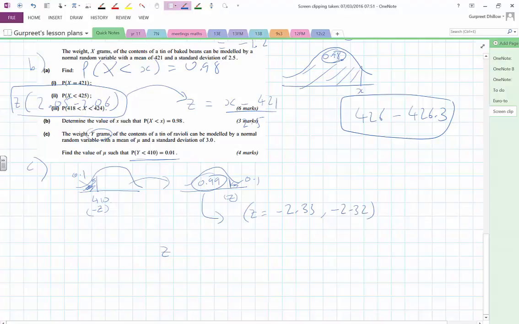Take that z value, make it equal to x, which is 410, minus the mean over the standard deviation, and rearrange for the mean. And you should get an answer of exactly 417 if you do that. So hopefully you understand. You can go through these accurately with the correct calculations, but I'm just quickly going over the methods here.